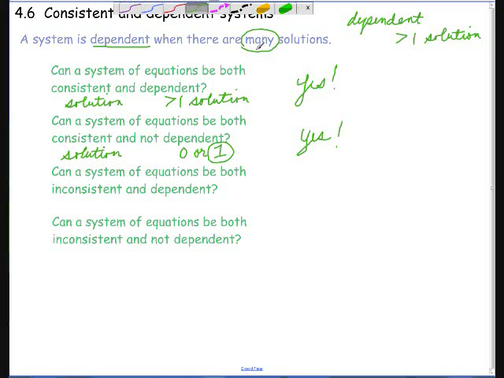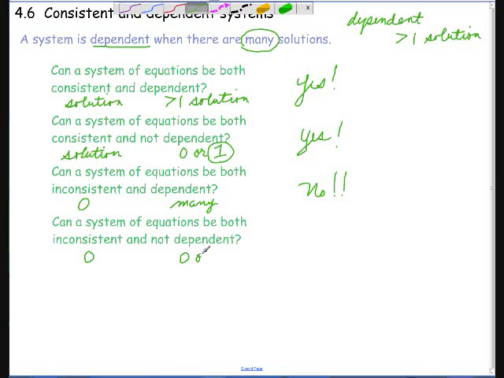Can a system of equations be both inconsistent, which means it has no solution, and dependent, having many solutions? Well, clearly not. Can a system of equations be both inconsistent, having no solution, and not dependent, not having many?